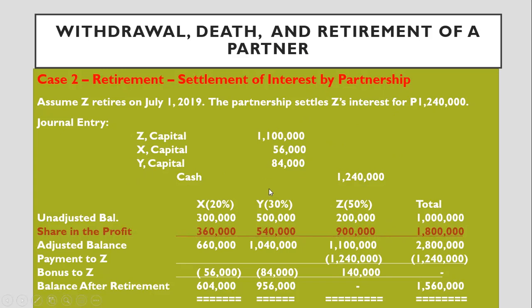Since Z has only 1,100,000 and the partnership paid 1,240,000, the payment is more than its capital. So this results in a bonus to the retiring partner.